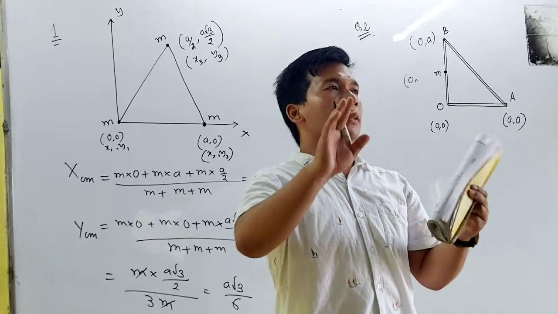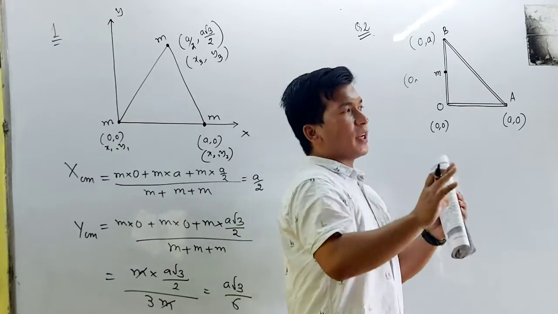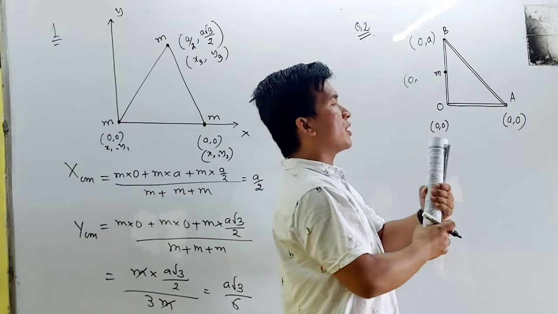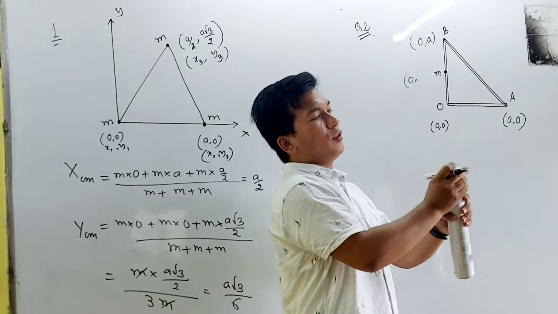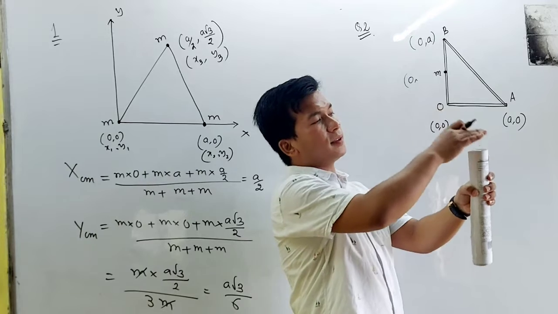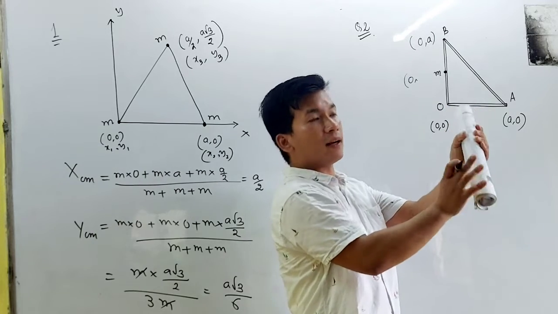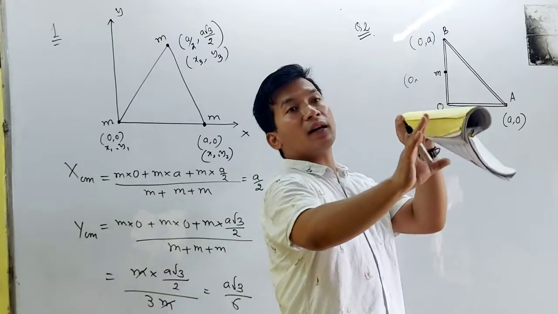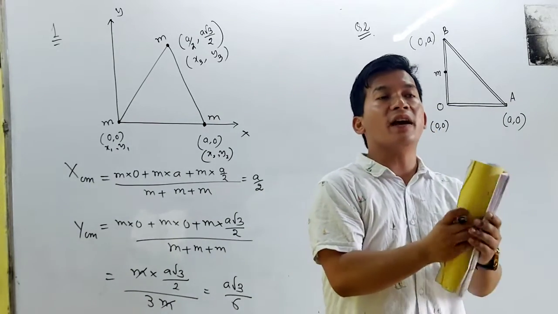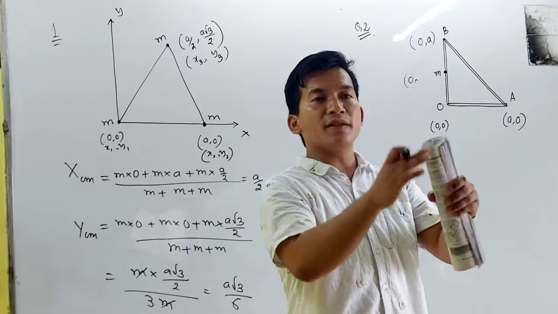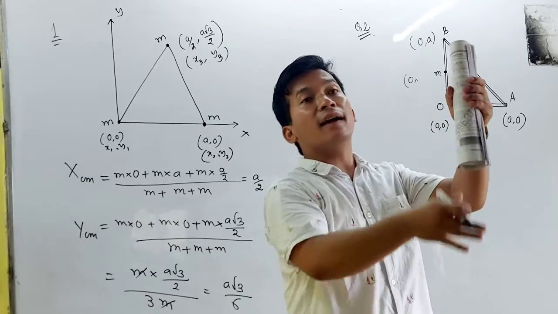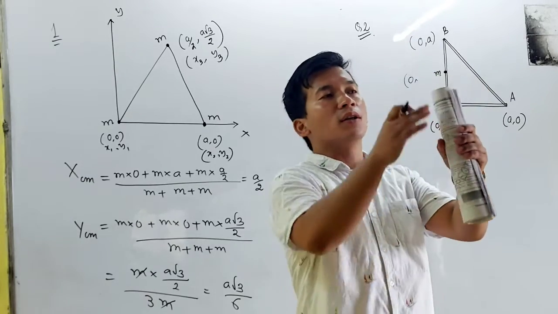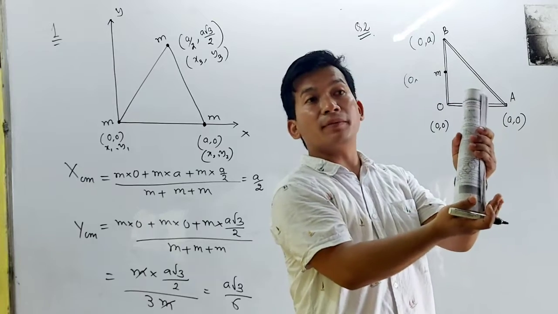For any uniform object, like a rod that is uniform throughout the entire length, uniform means it must have the same density and same area throughout the entire length, not smaller here or thicker there.